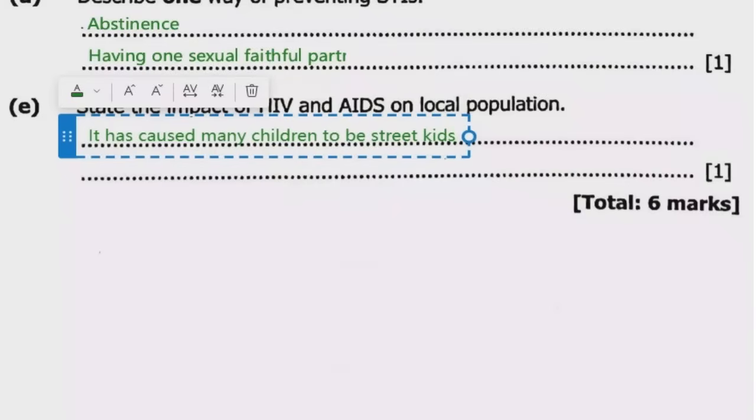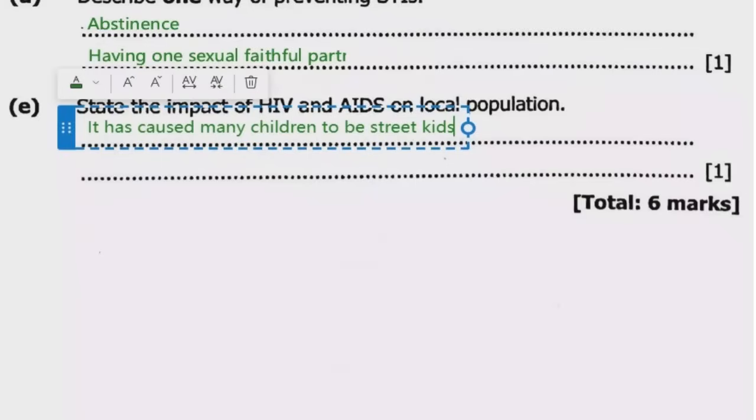Okay, this one is an impact. Many children have turned to be street kids.